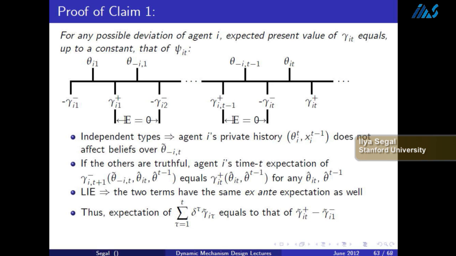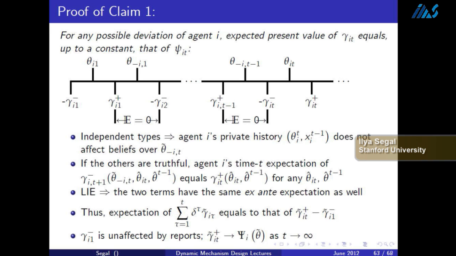But of course, if period t is the last period, then it's not an expectation anymore; you already know exactly what it is. So this will just be the payment in the original mechanism. And gamma in the first period, before any information is obtained, is just based on zero information, so it will be just some constant.